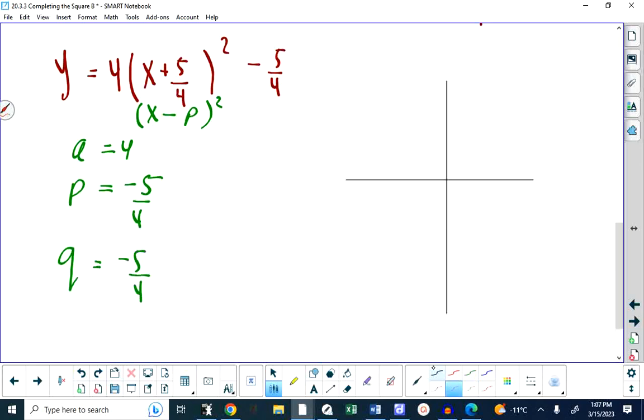So the vertex of this parabola is at negative 5 over 4, comma, negative 5 over 4. It opens upward, and it is quite narrow because of that 4. So again, if this is x squared, the function we're looking at is quite a bit more narrow, maybe even narrower than that, okay?